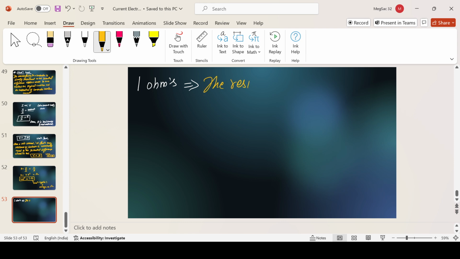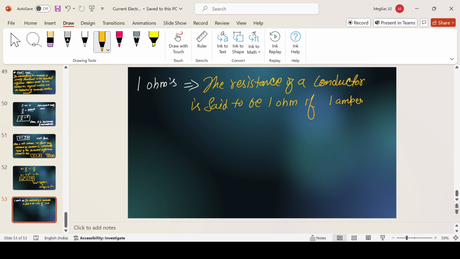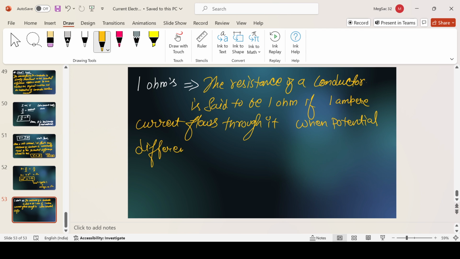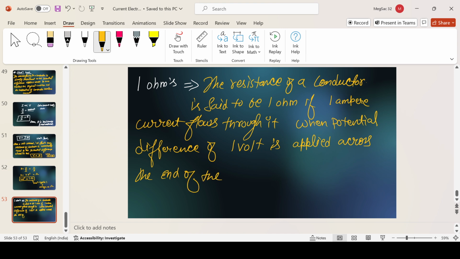The resistance of a conductor is said to be 1 ohm if 1 ampere current flows through it when a potential difference of 1 volt is applied across the ends of the conductor.